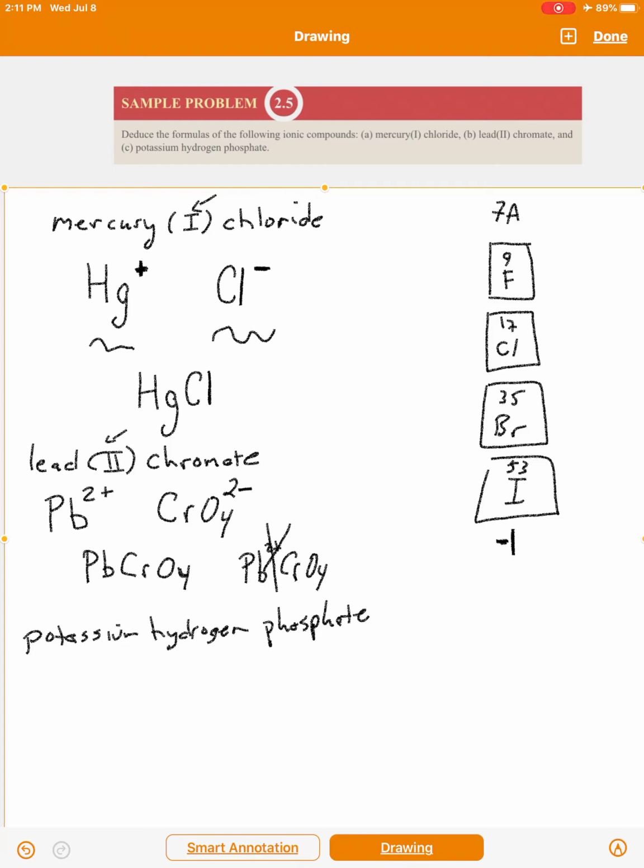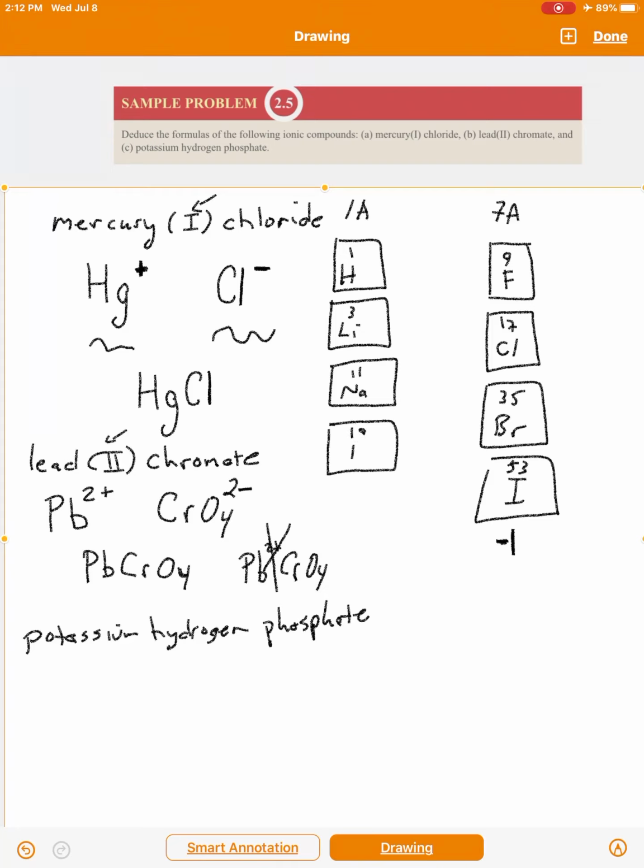If you look at column 1A in the periodic table, you will find hydrogen, lithium, sodium, potassium, rubidium, and cesium.